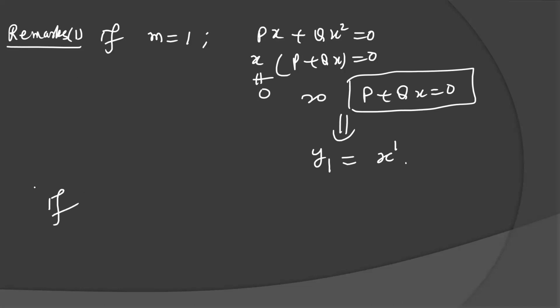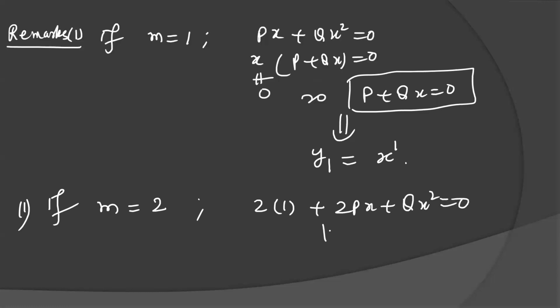Second remark, if m equal to 2, then you can make a relation: 2px plus qx square equal to 0, and it implies that y1 equal to x square is one part of CF.